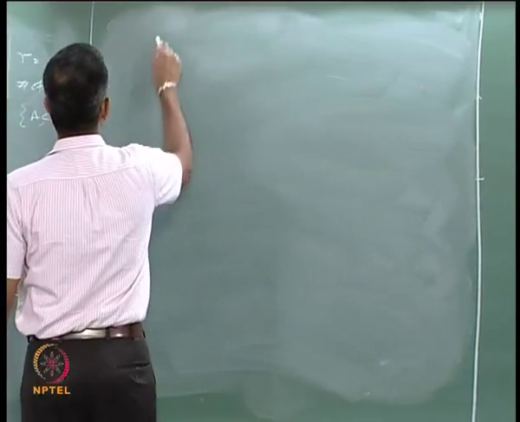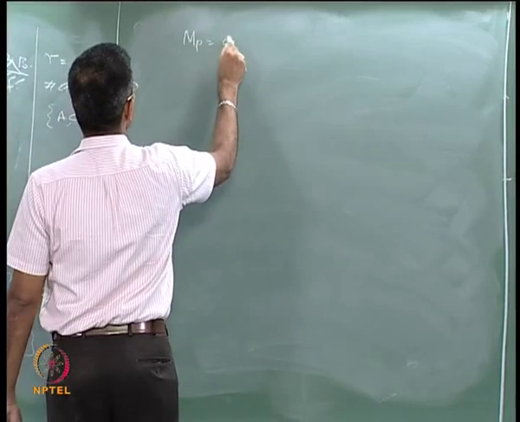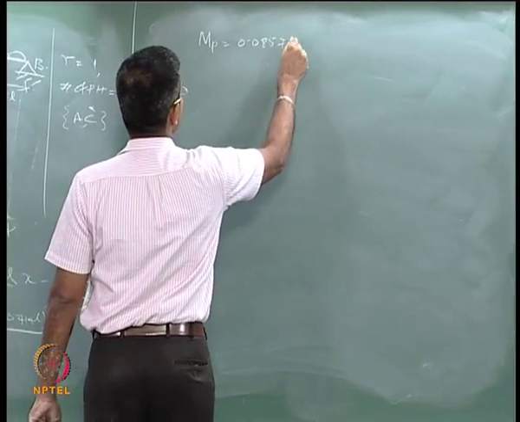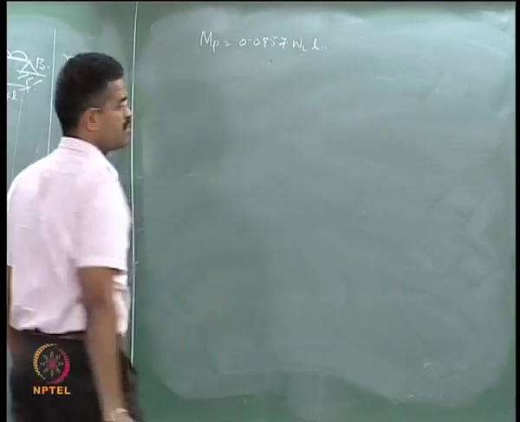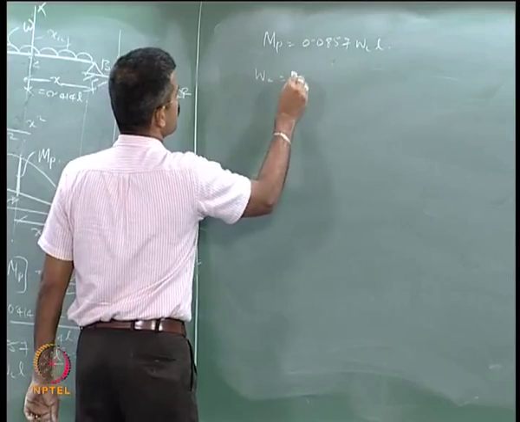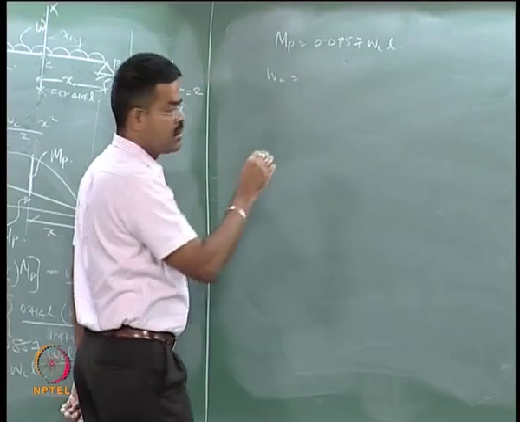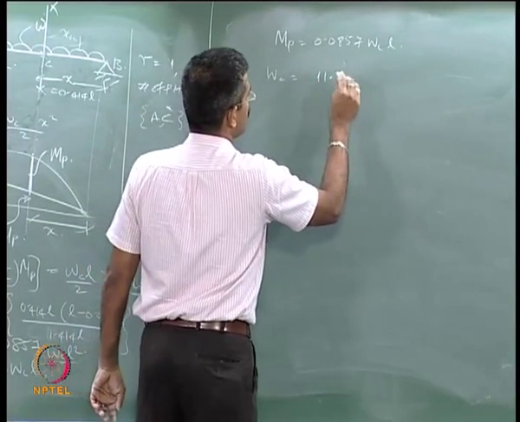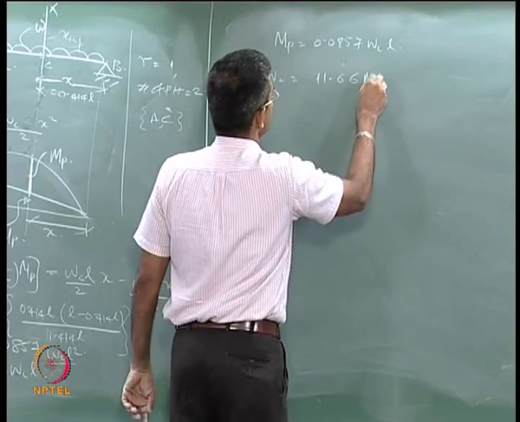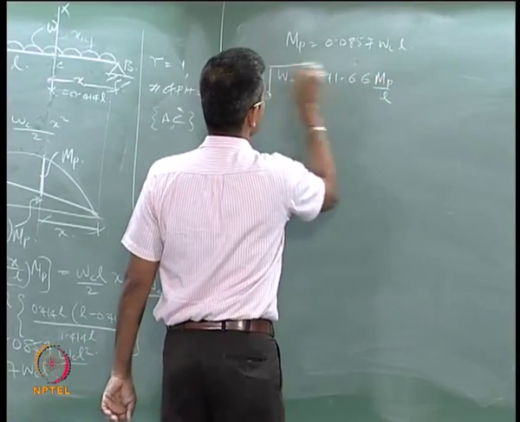So, MP is equal to 0.0857 WC L, that is WC equals 11.66 MP by L. Is that okay?